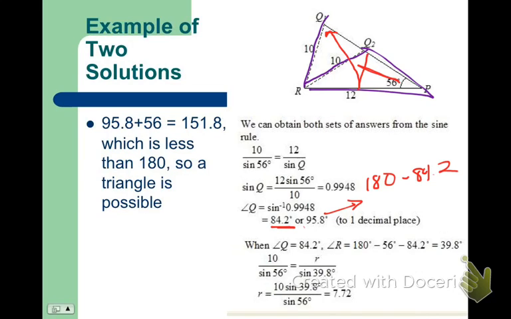And we check the 95.8 with this original angle up here, which is what I've shown here. Since that's enough left over to get a third angle in the triangle, we have two possible angles.